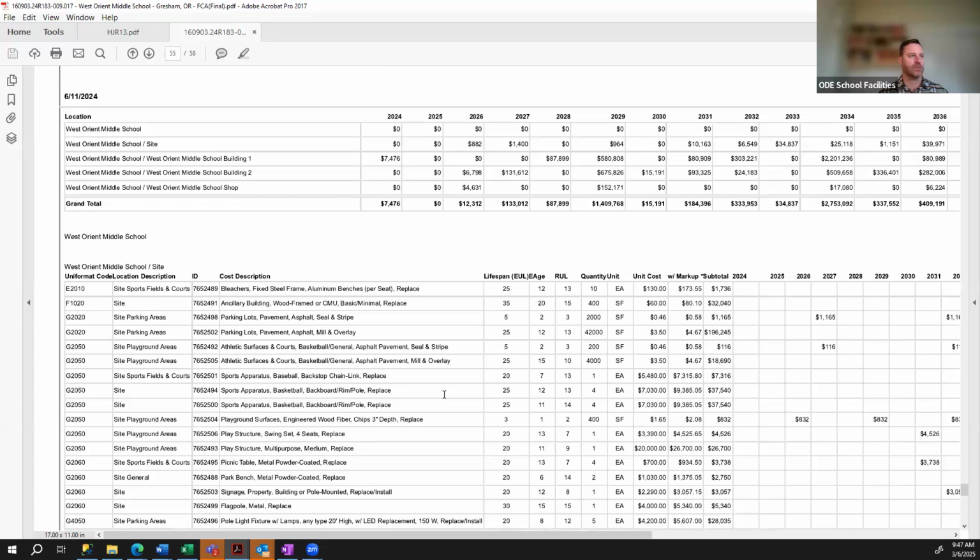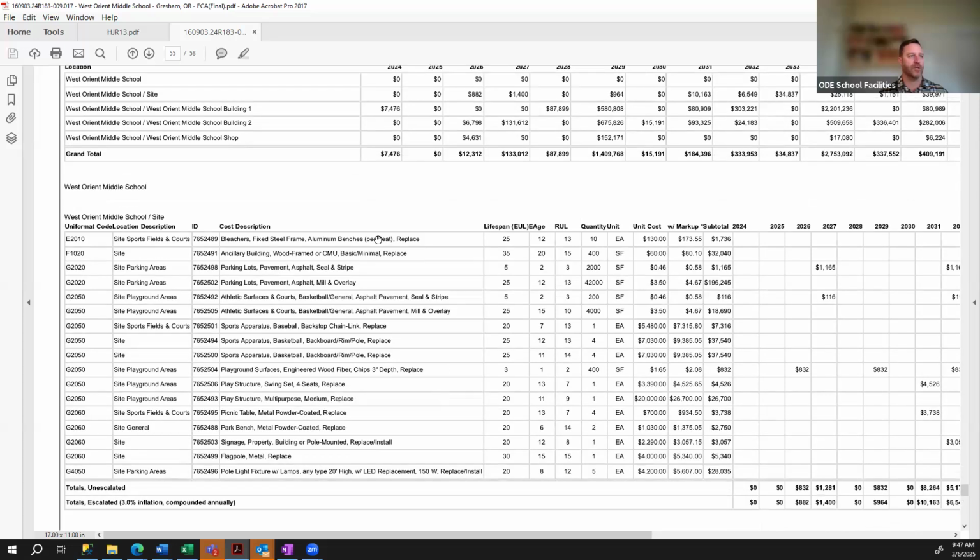But essentially what this table does is it takes all that information from the previous table and shows you when it needs to be replaced and a cost tied to it. So if you're looking at the next 5 years, from 2024 to 2028, you can look at what would need to be repaired over time.